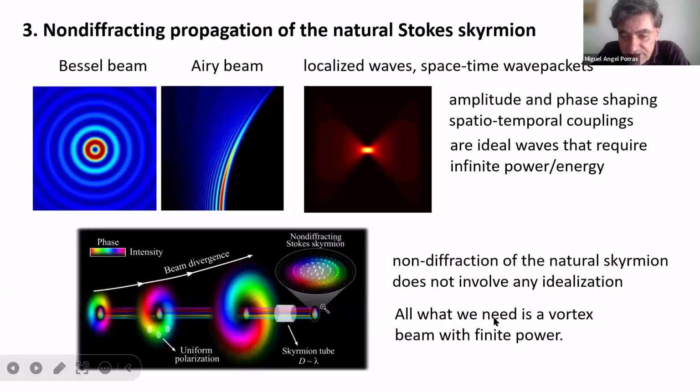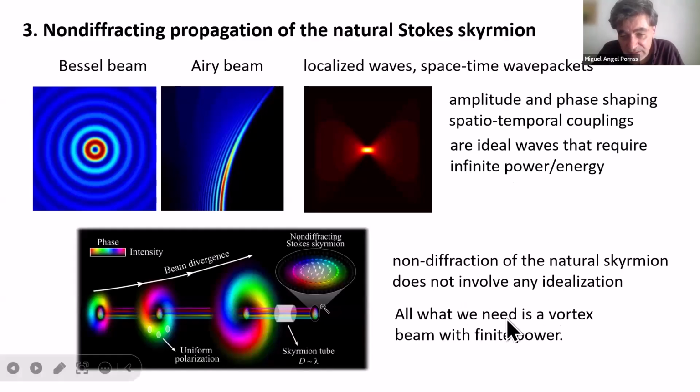In contrast, the non-diffraction of our natural skyrmion is a completely different point of view, because we are really in topology of light, not in beam shaping and so on. But we have observed this possible solution to this problem of non-diffraction.